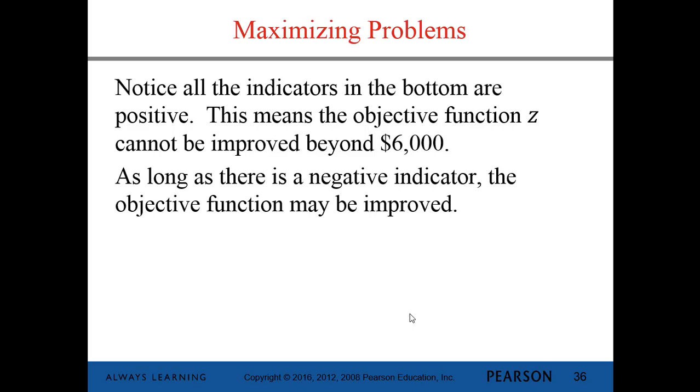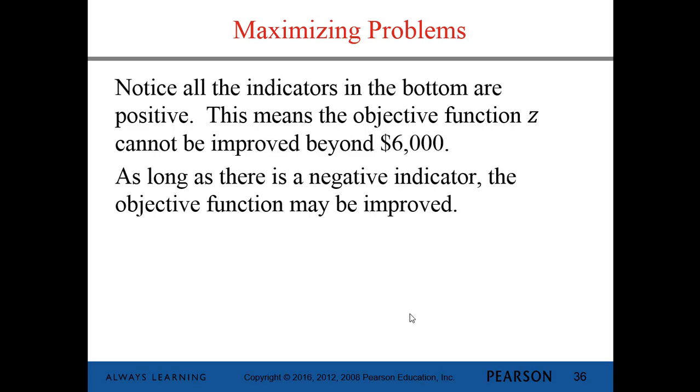So what we do is we go from the most negative and we do our pivot. We choose our pivot, and then we simplify the matrix. We get rid of the zeros in the column with the pivot, and then we look at the objective function and we see what the value is.